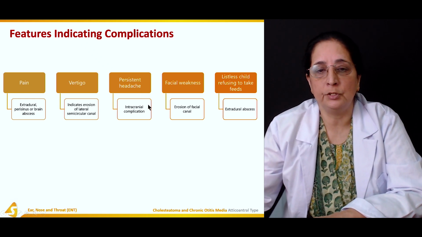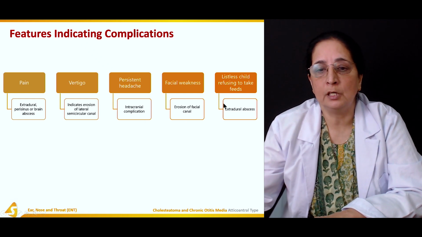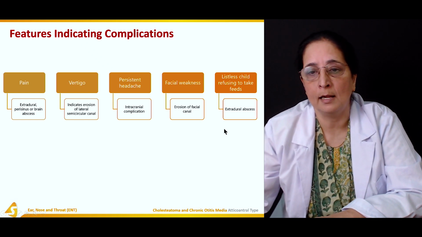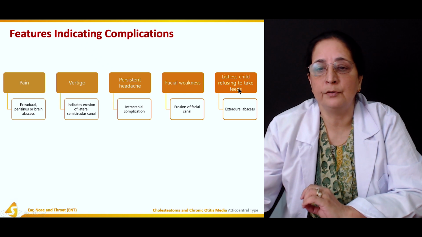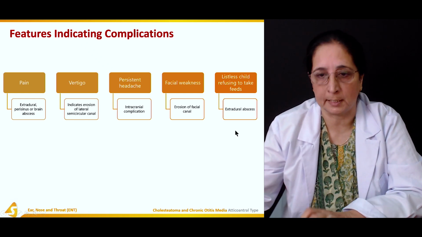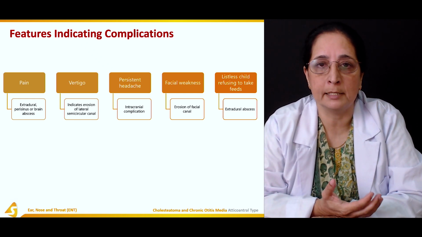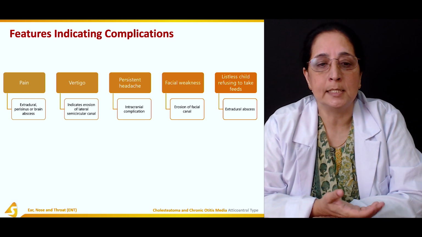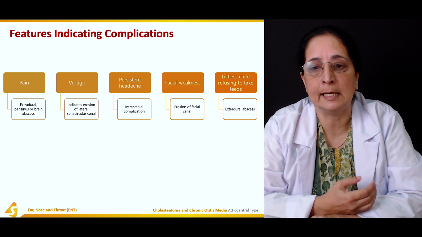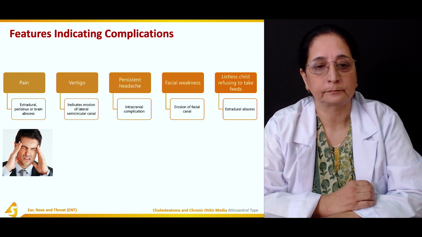Persistent headache is usually due to intracranial complications. Facial weakness indicates erosion of the facial canal. A listless child refusing to take feeds is usually due to extradural abscess. So all these are the complications of chronic atticoantral otitis media: pain, vertigo, headache, facial weakness, and a listless child resisting feeding.